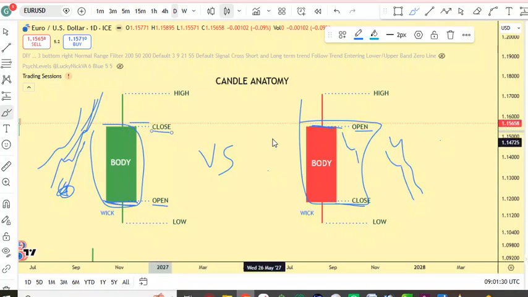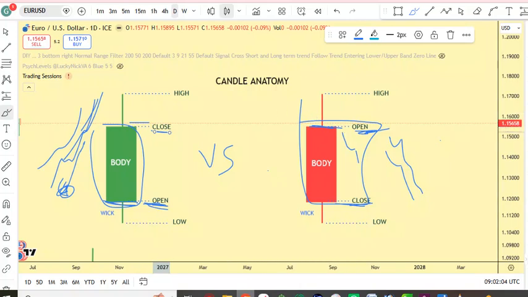So the difference is that for a bullish candle, the opening is below, and for a bearish candle, the opening is above. The bearish opening is at the top and it closes below. The bullish opening is below and it closes at the top. This is the basic difference between the bullish candle and the bearish candle.